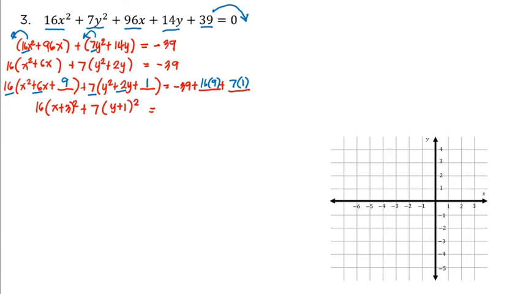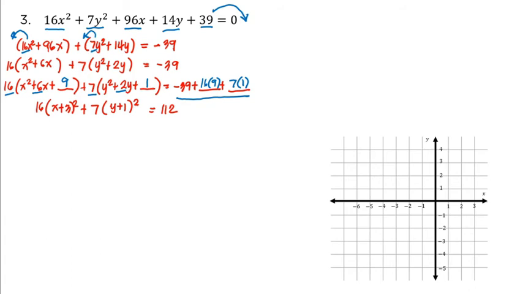Equal to, if you're going to add all these terms here, this is just equal to 112. Okay, so malapit na tayo. Take note, in our standard equation, the right-hand side should be equal to 1.